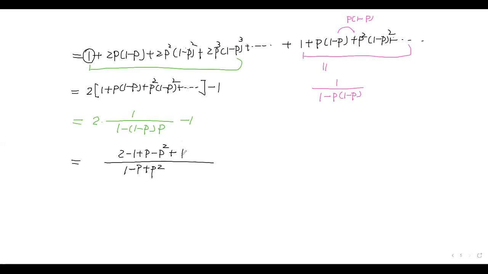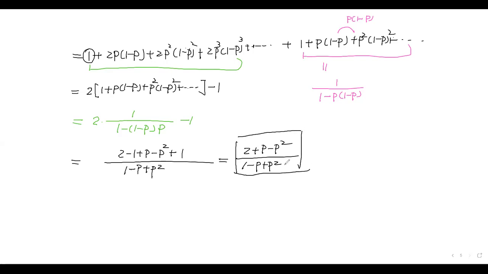So here, the final answer will be over 1 minus p plus p squared. So this is 2 minus 1 plus p minus 1 plus 1. All right, so now these cancel. So this will be 2 plus p minus p squared. All right, so this will be our answer here.